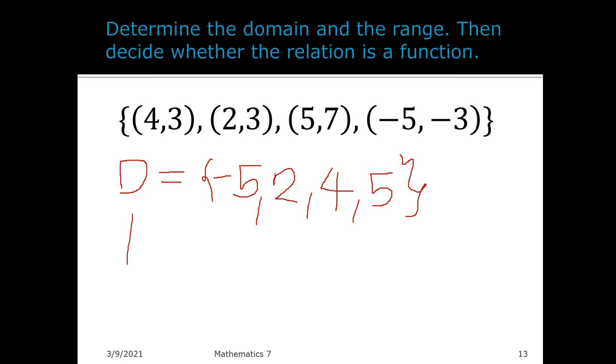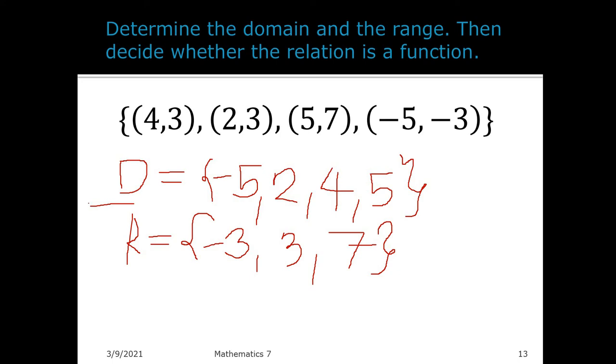For our range, the smallest is -3. Then we have 3, which is repeated twice, and we have 7. Take note that to determine if the relation is a function, we look only at the first values, or the domain. Not one domain value is being repeated. Therefore, this relation is a function.